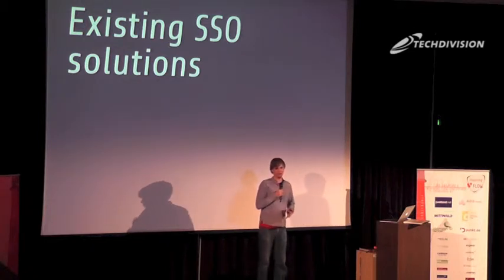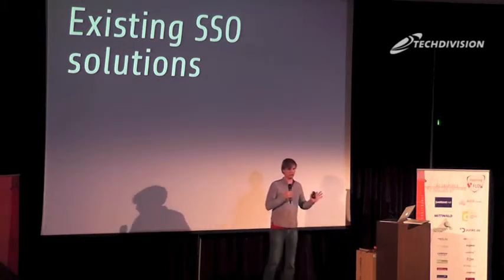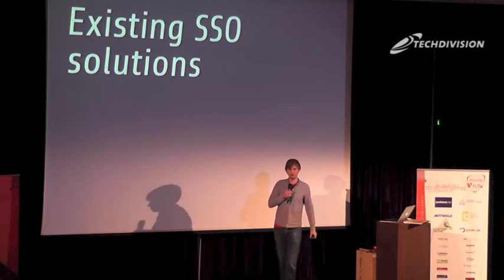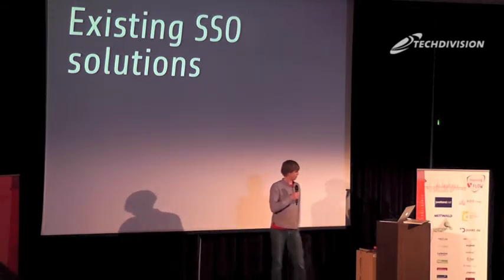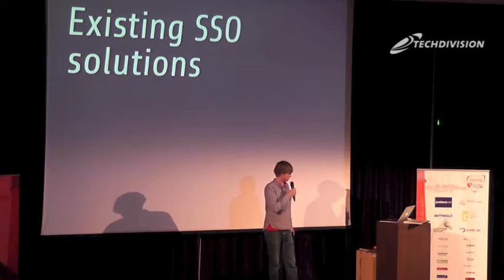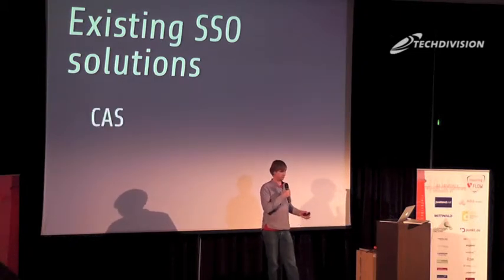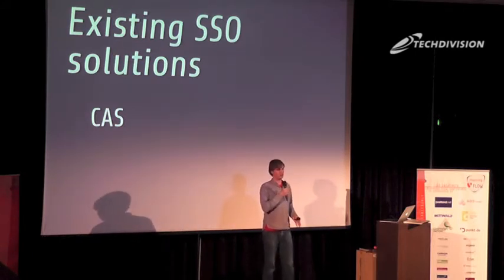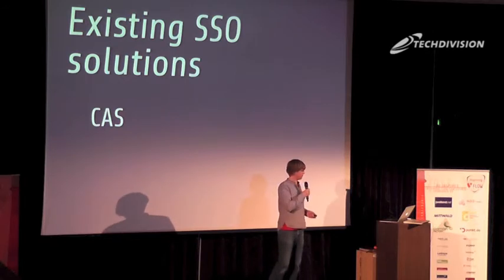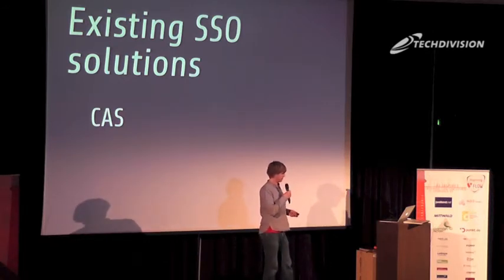So we had a brief look. To be honest, I'm not really a single sign-on expert, so I did some research for single sign-on solutions. CAS is one which is not standardized, but is pretty common. Should be easy to set up, but is an external component.